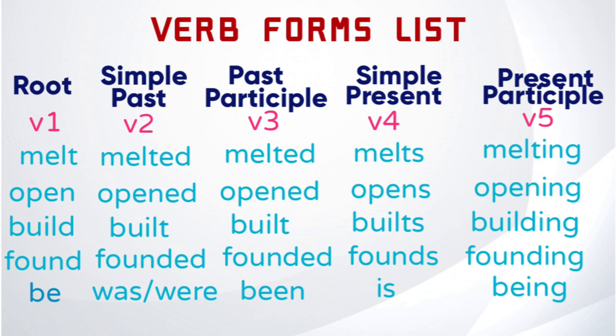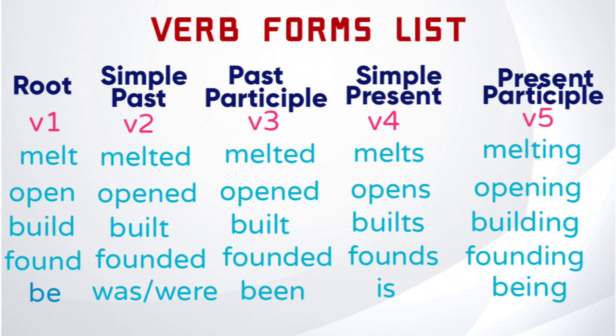It becomes opened in V2, opened in V3, opens in V4, and opening in V5. Similarly, build in V1, built in V2, built in V3, builds in V4, and building in V5. Found, which is the root verb V1, becomes founded in V2, founded in V3, founds in V4, and founding in V5.